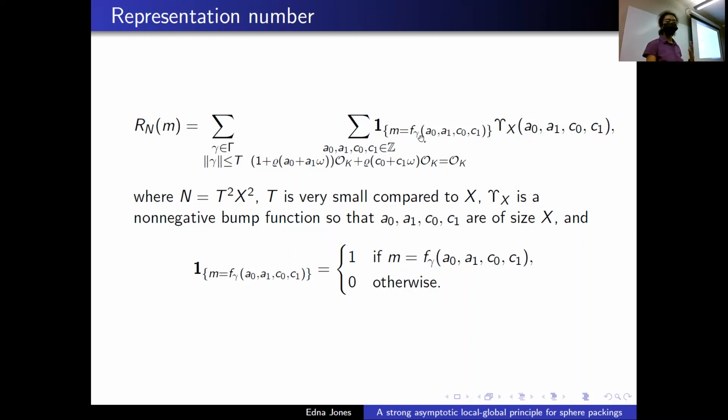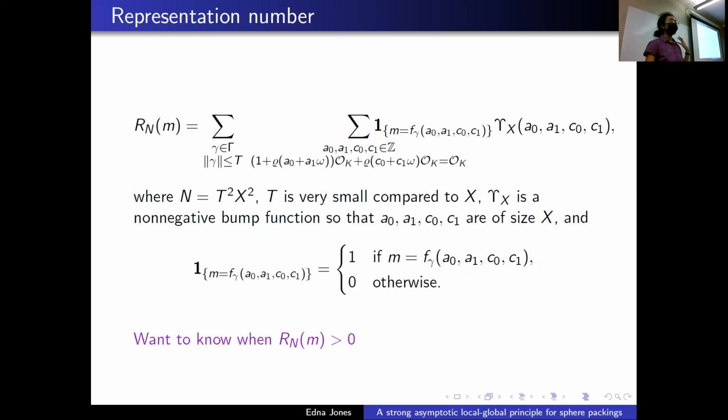So I'm essentially counting the number of times m is represented by my quadratic polynomial, subject to a bunch of other conditions, mostly that a0, a1, c0, and c1 are all of size x.